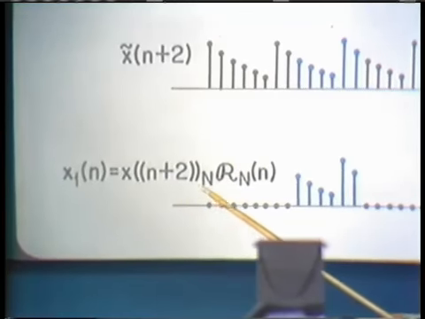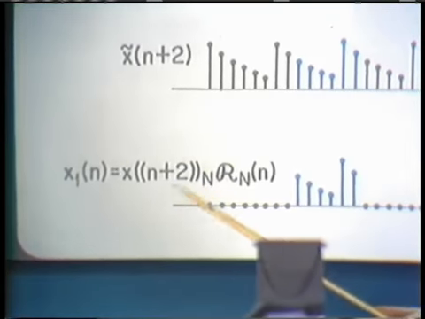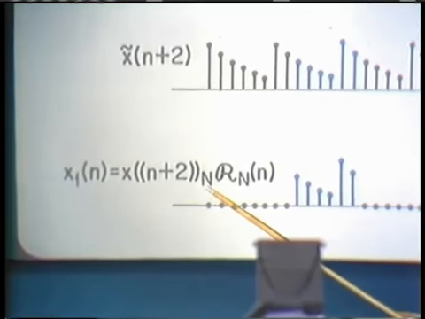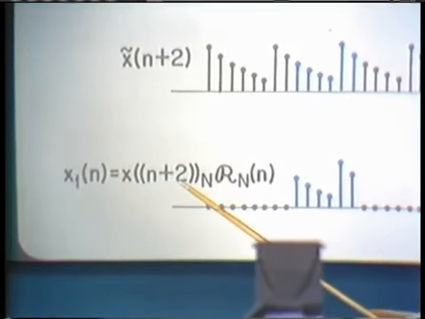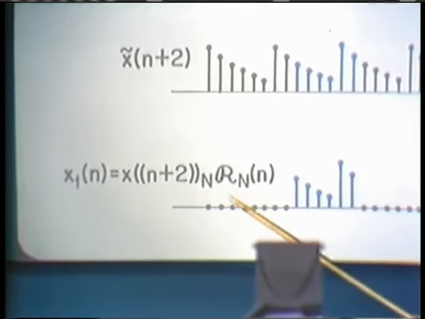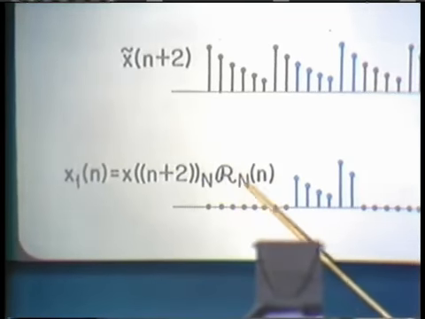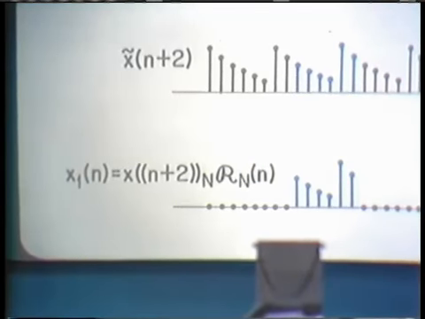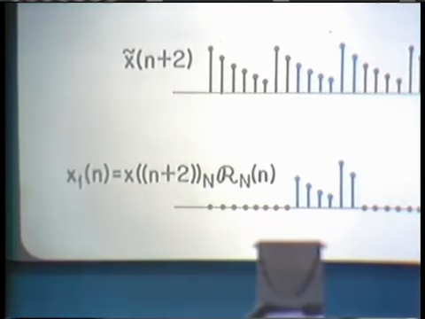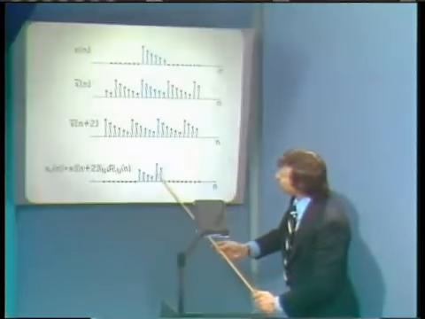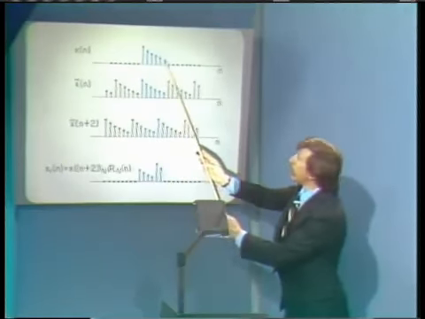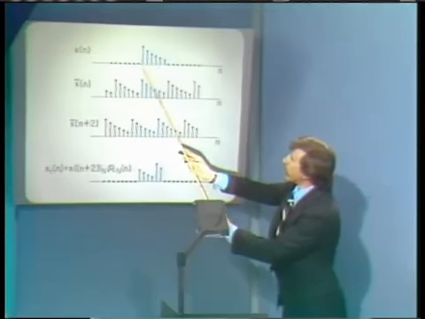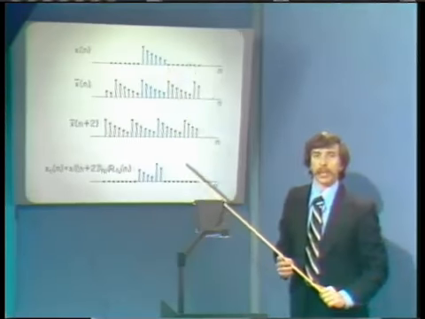We formed the periodic replica of that using the modular notation that we introduced at the beginning of the lecture, shift that by 2 points, and then extract a single period. So this is a long way, well, really a short way of going through all these steps, but it's the idea and not the mathematical formalism that's important. Think of this as a circular shift of this finite length sequence inside the interval 0 to capital N minus 1.